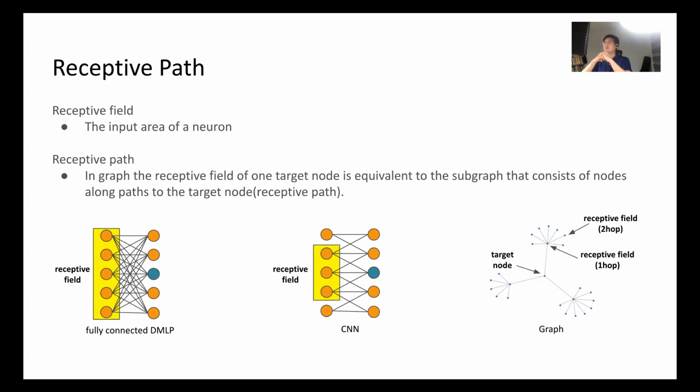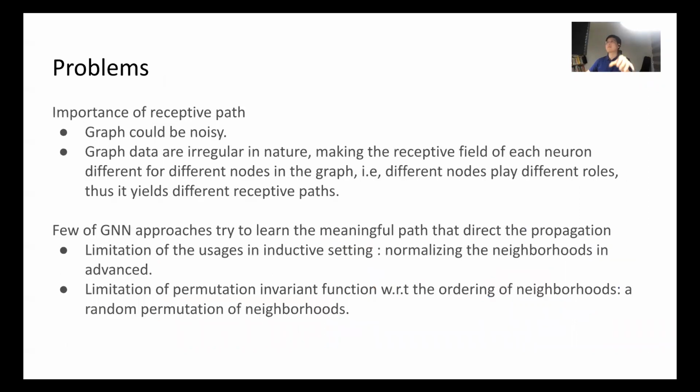Receptive field refers to the input area of a neuron. In a graph, the receptive field of one target node is equivalent to the subgraph that consists of nodes along the path to the target node, and we can call it the receptive path. In a graph, different nodes play different roles, thus it yields different receptive paths.